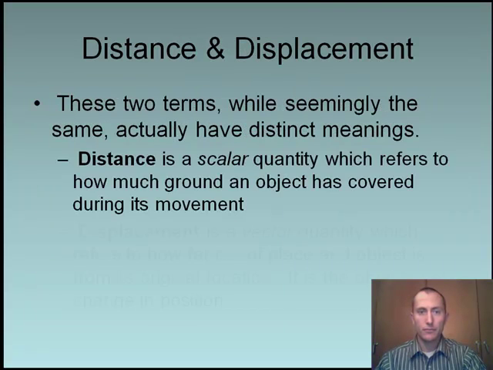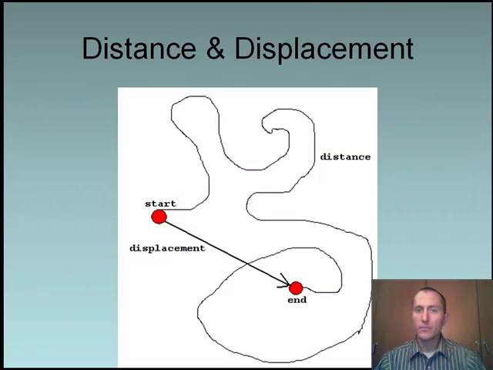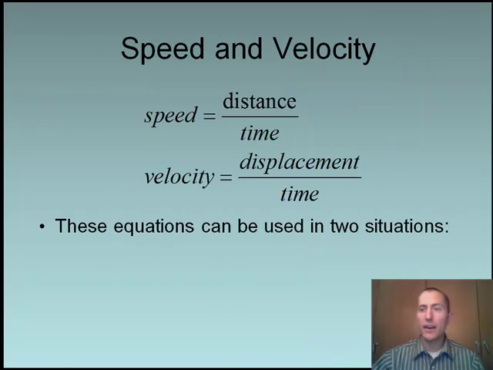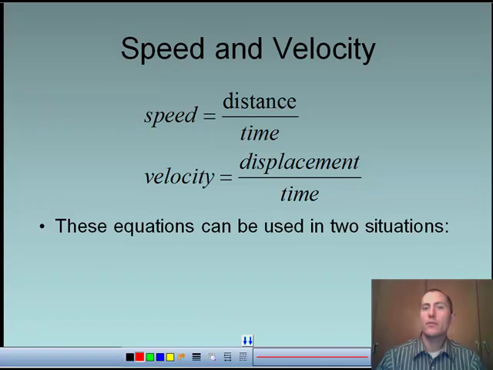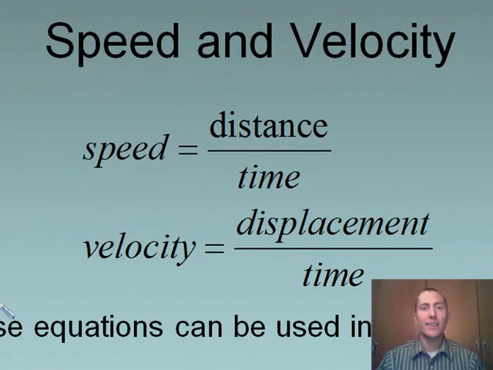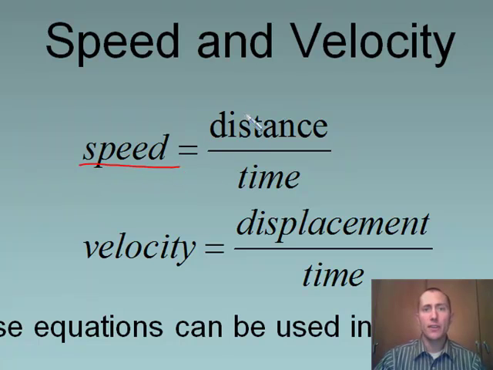Then we have speed and velocity. And similar to our previous two measurements, one is a scalar, one is a vector. Speed, if we look at the equation for speed, we see that it's distance over time. Distance we know is scalar. Time is also scalar.